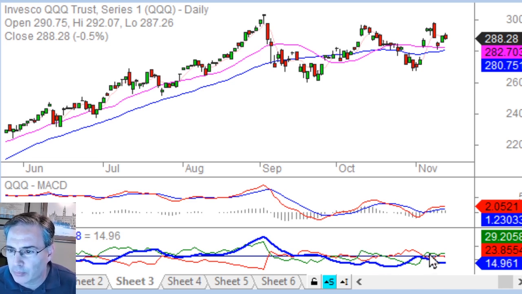We need it to prove that it's rallied up, takes out the high of the opposing DI, and then holds on a pullback. And if we have that, we have a lot of confirmation from the ADX indicator that the trend is starting to move again. And that's one thing that we really don't have yet.